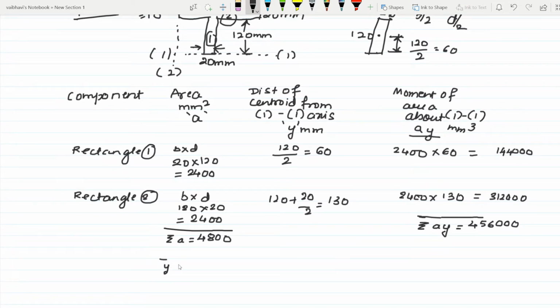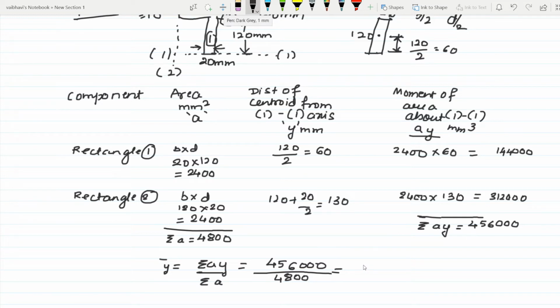Y bar equal to summation of AY divided by summation of A. So we have got summation of AY as 456,000 divided by summation of A, which is 4800.